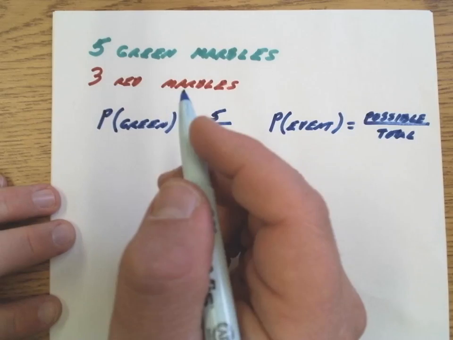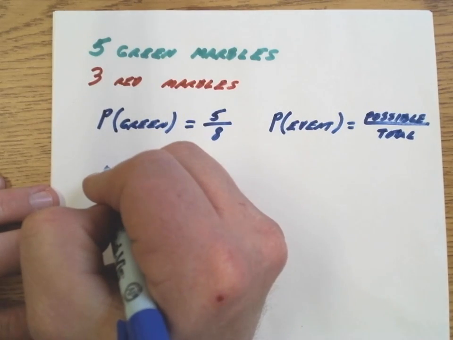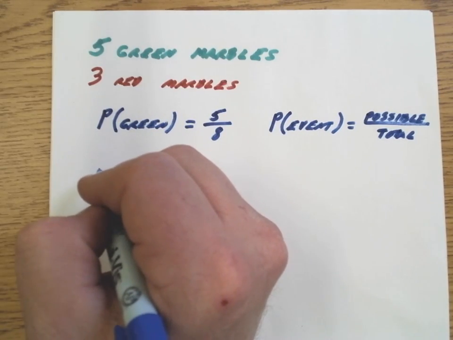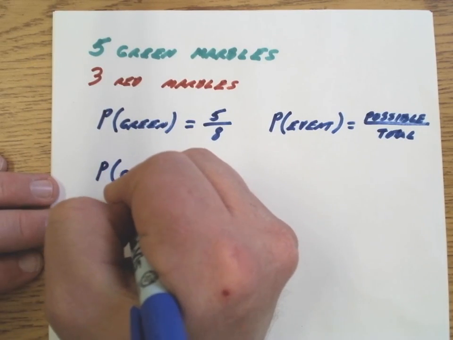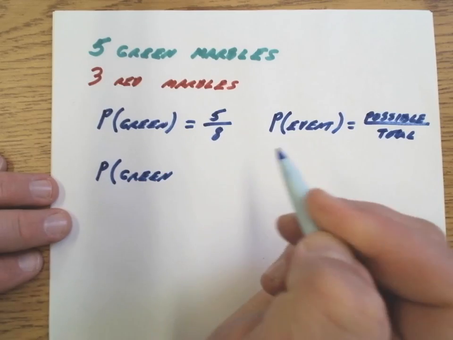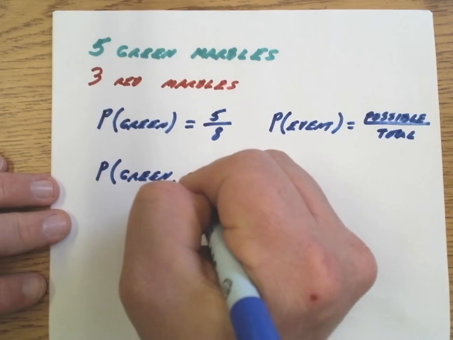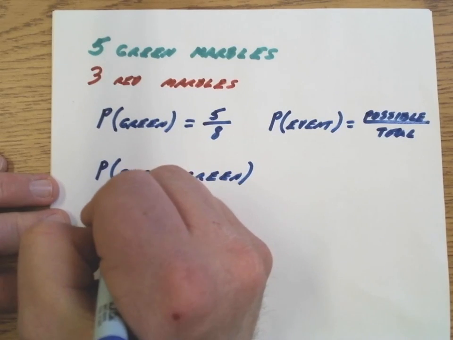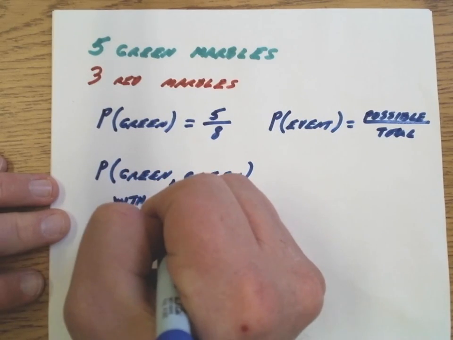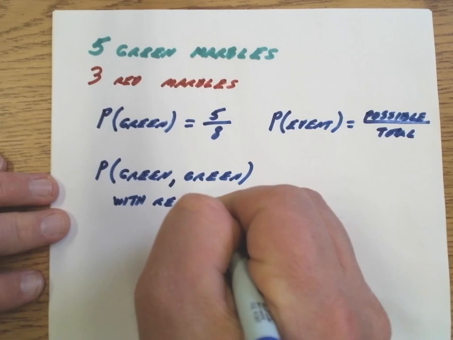But now let's say that in this case we would like to do something different. Let's say we want the probability of picking a green one, and then we're going to pick a second green one. But what we're going to do is we're going to put the first green one back, and we're going to call this with replacement.